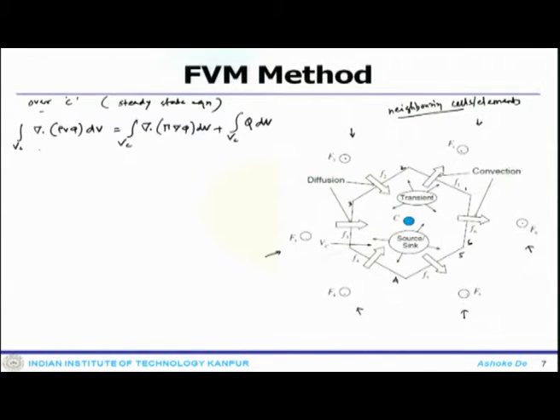Once you do that, you use the divergence theorem and convert them to surface integrals. So, now the integral of rho V phi dot ds equals the integral of gamma del phi dot ds plus this remains as a volume integral.